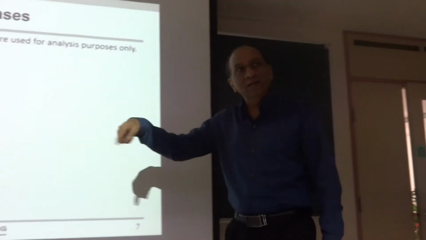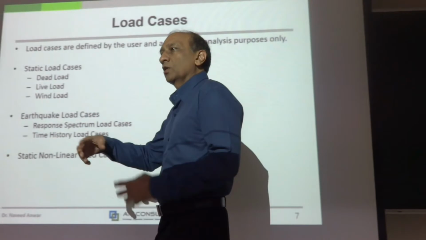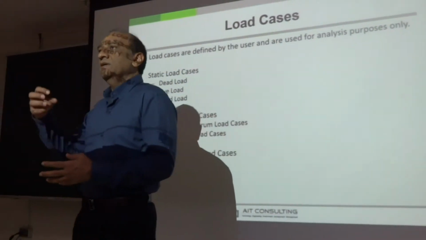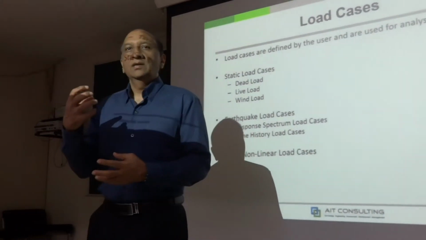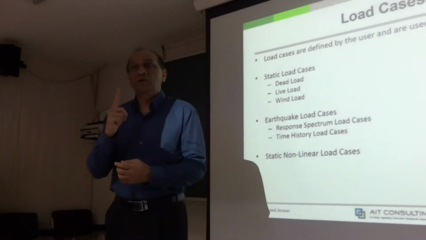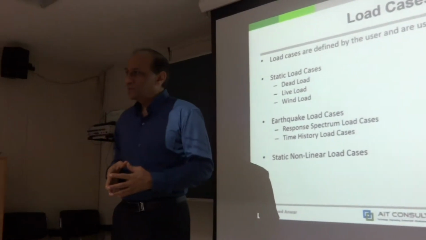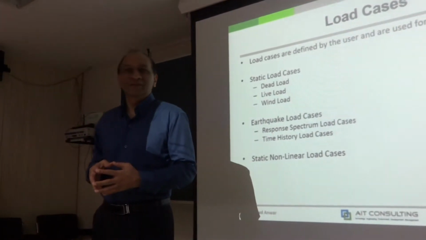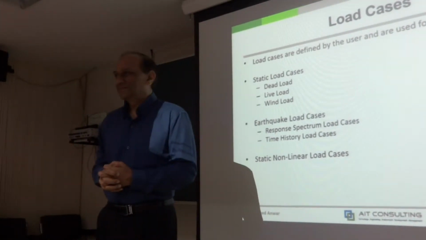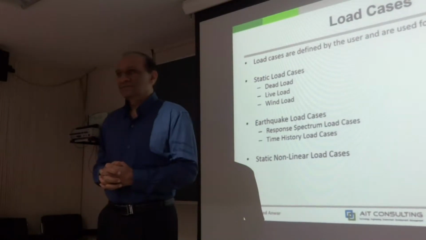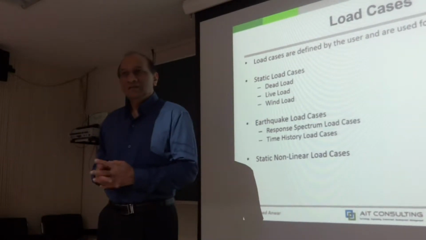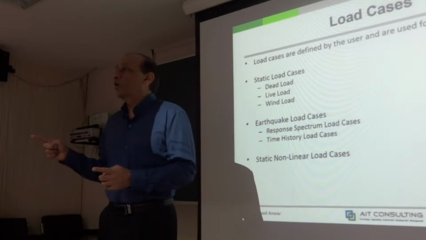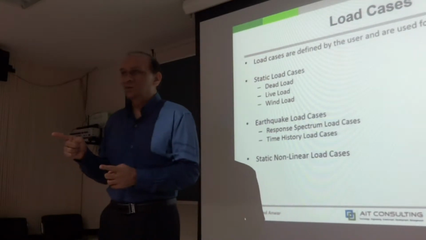So we keep on moving the loads or applying the loads, for every possible application of load, there will be one load case. So if there is a bridge, moving load, how many load cases will there be for live load? Infinite. Because the load is moving all the time, little bit, 1 millimeter, 2 millimeter.